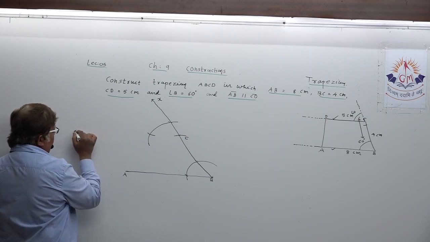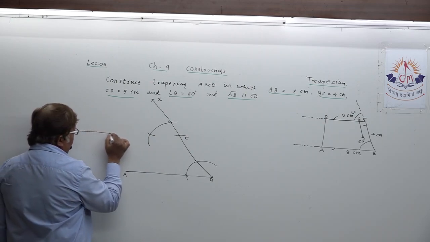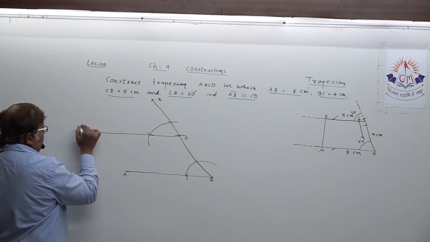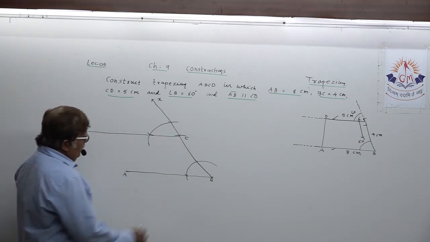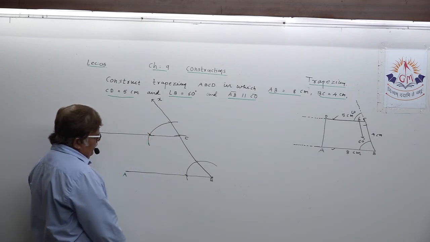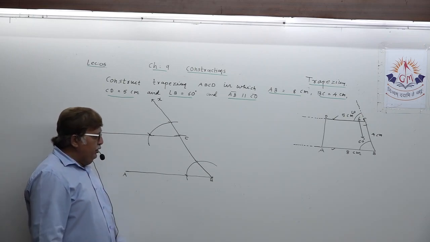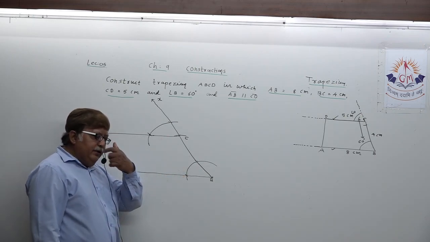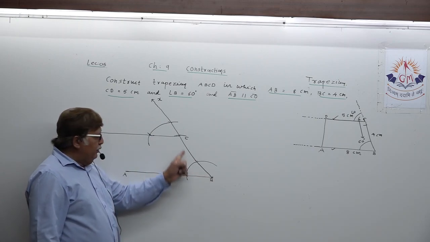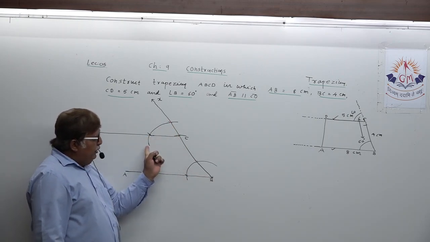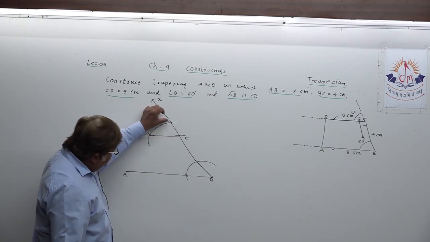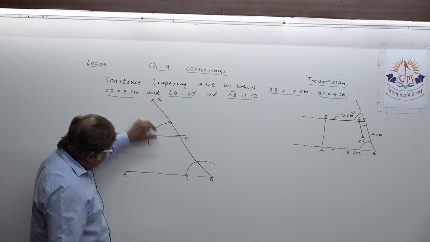And then you draw a ray passing through this intersection, which I may call Y. If this is 60, this also is 60 degree. How we have done the construction of congruent angle, you understood? Take the same radius which you have taken, center here and draw an arc. Now take radius between these two and keeping here cut this.